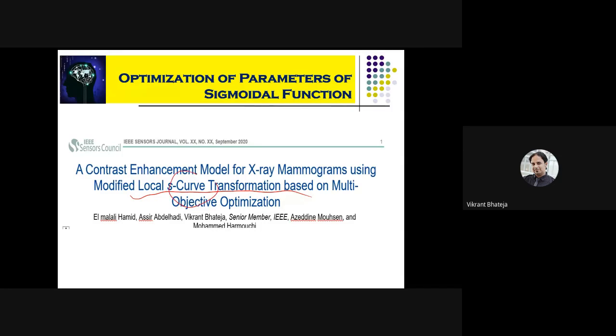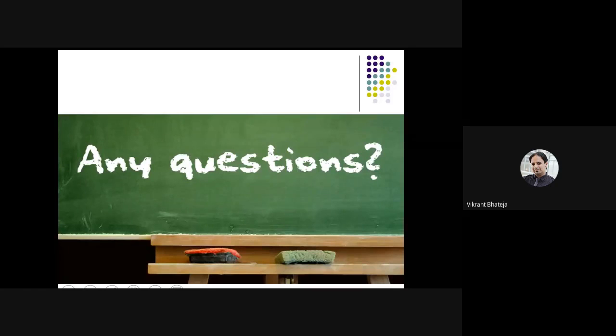Your S curve is nothing but your sigmoidal curve, and you are using a genetic algorithm over here. So I'm sure these have been the different avenues for how you can go in for different types of research problem formulations by simply modifying conventional approaches and applying them for computer aided analysis. So I'm concluding the session with this.